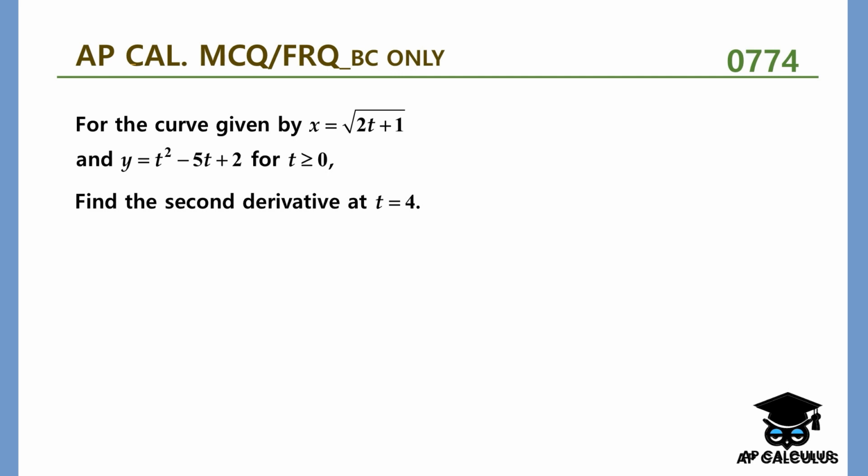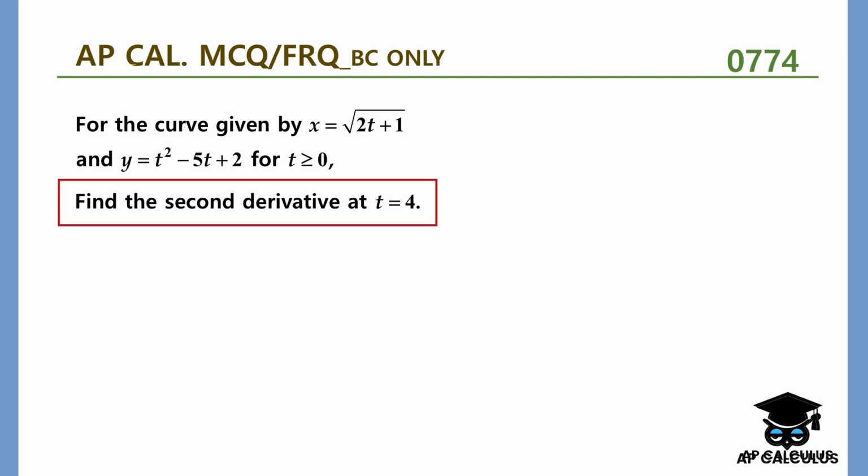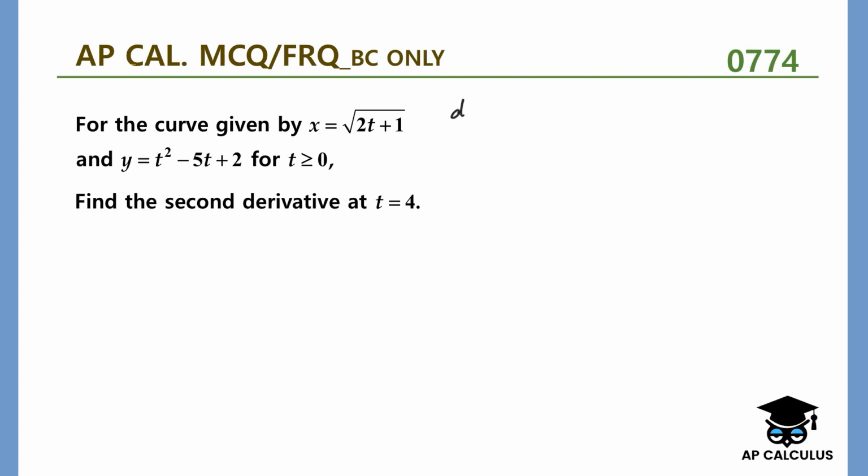Question 774. Find the second derivative at t equal 4. Alright, we already found out our dx/dt was equal to 1 over square root of 2t plus 1, and dy/dt is equal to 2t minus 5, right?